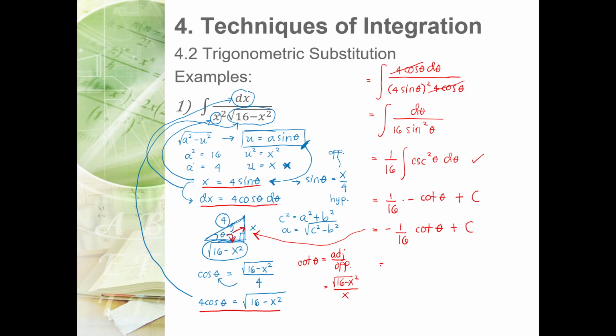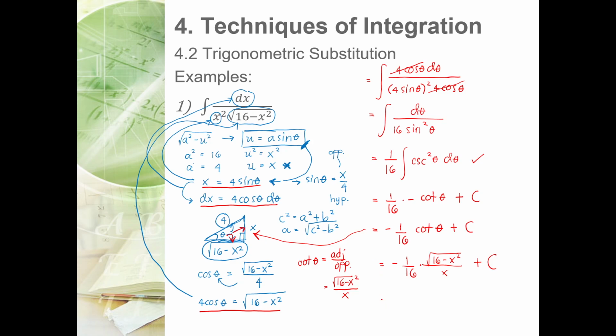So the final answer is negative 1 over 16 times square root of 16 minus x squared all over x plus c.